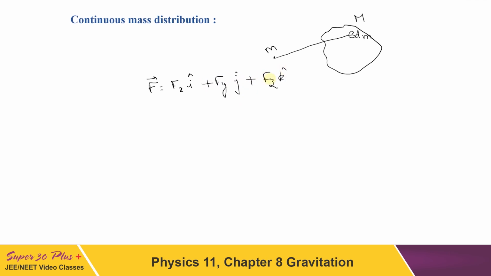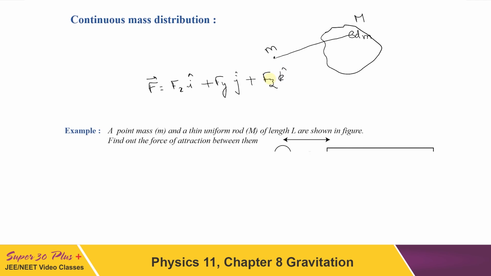So if the extended body is such that the forces will be in different directions, we always have to write the forces in component form and then integrate over the entire body. Here I have taken one example. A point mass m and a thin uniform rod, which has mass capital M and length L, are shown in the figure.